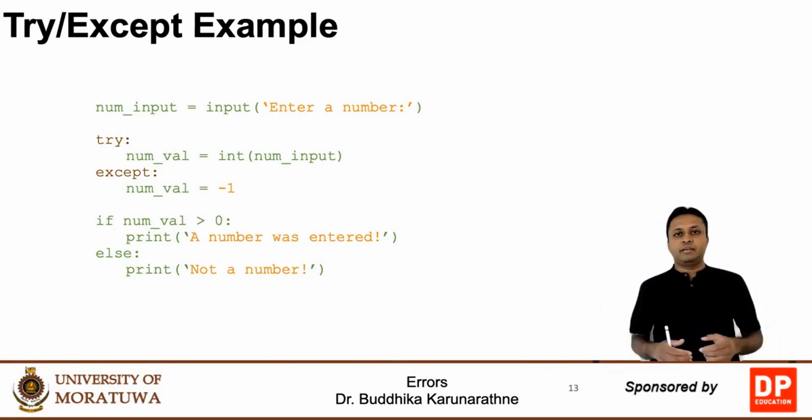But in our example, in such a problematic situation, the program will jump to the except block and assign the value -1 to the variable num_val. So it will prevent ungraceful termination of the program. This is how you use the try except structure to handle possible errors.